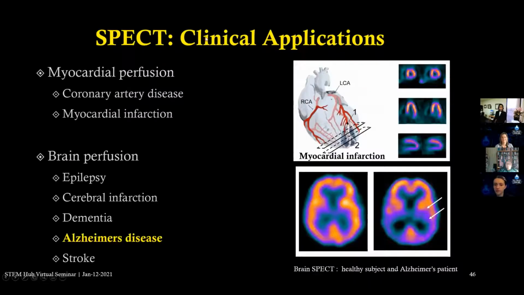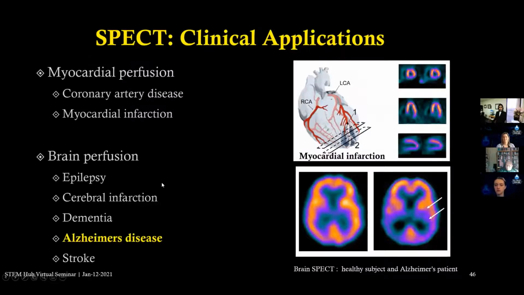And some SPECT clinical applications: it's primarily used for myocardial perfusion, that is heart perfusion. So in this case, this is the heart, and you see there is some stenosis here, some blockage, and the blood flow is not reaching the bottom of the heart. And this can be seen here. You see this is less bright compared to the other images above.